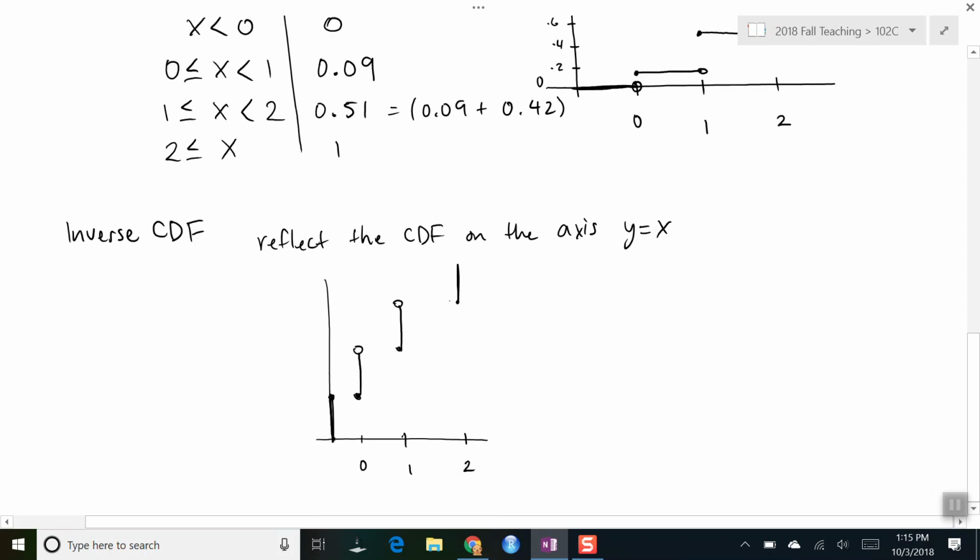This would be 0, 1, and 2. Except, I'm sorry, I apologize, that's not how it works.